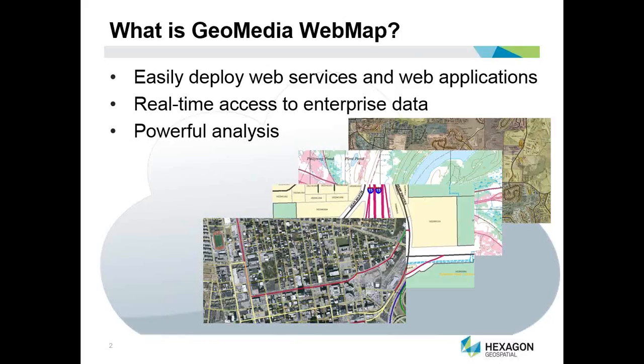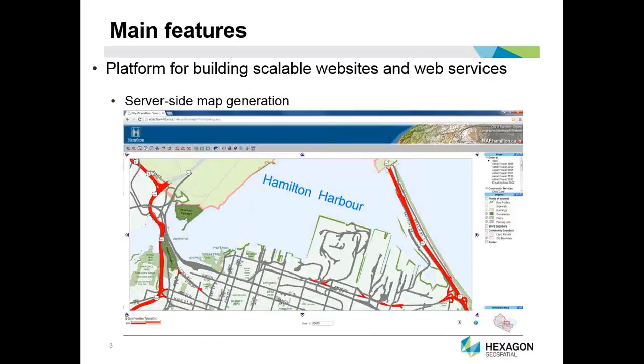The main feature of WebMap is it's a platform for building scalable websites and web services. And GeoMedia WebMap operates on server-side map generation. So it generates the maps or output on the server, which are then rendered up into your web browser. And one big tool with WebMap and Web Publisher is the ability to publish your maps directly from GeoMedia, and also to take advantage of the spatial analysis functionality of GeoMedia.